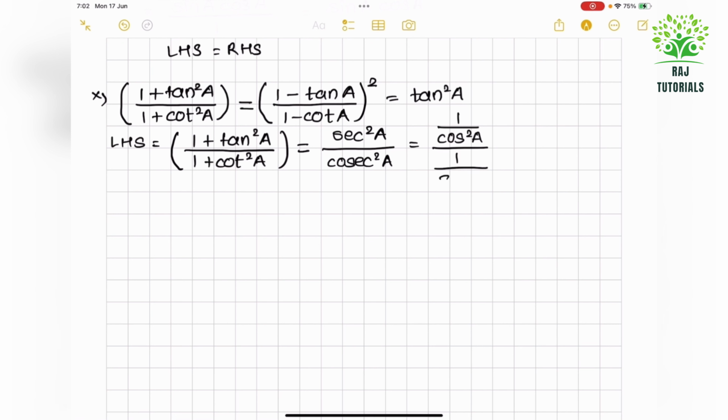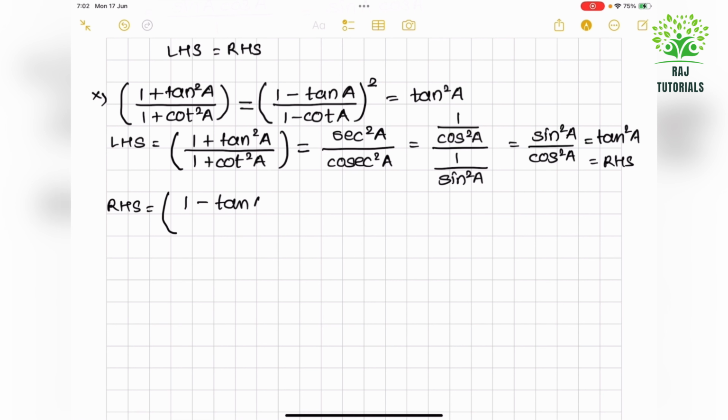So converting to sine and cos, I will have 1 upon cos square A upon 1 upon sine square A. So this comes to sine square A upon cos square A, which is equal to tan square A, which is nothing but my RHS.